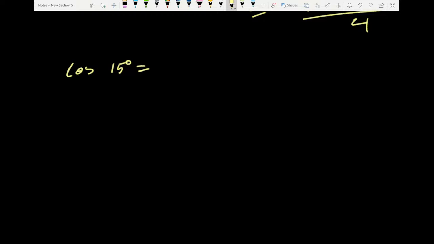So for cosine of 15 degrees, what are the two angles to get that?